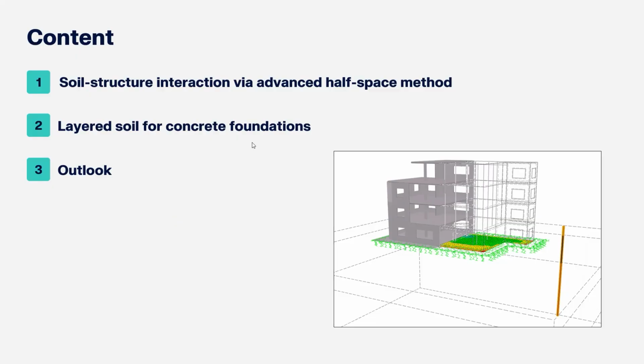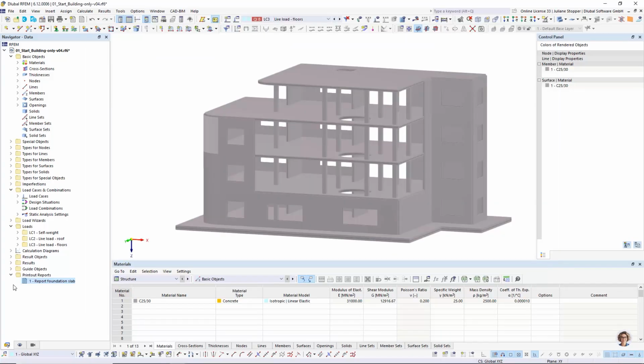Okay, that's it for the content, and now I would like to go directly to RFEM 6, to our program. Here we can see the building that is prepared for our model today.